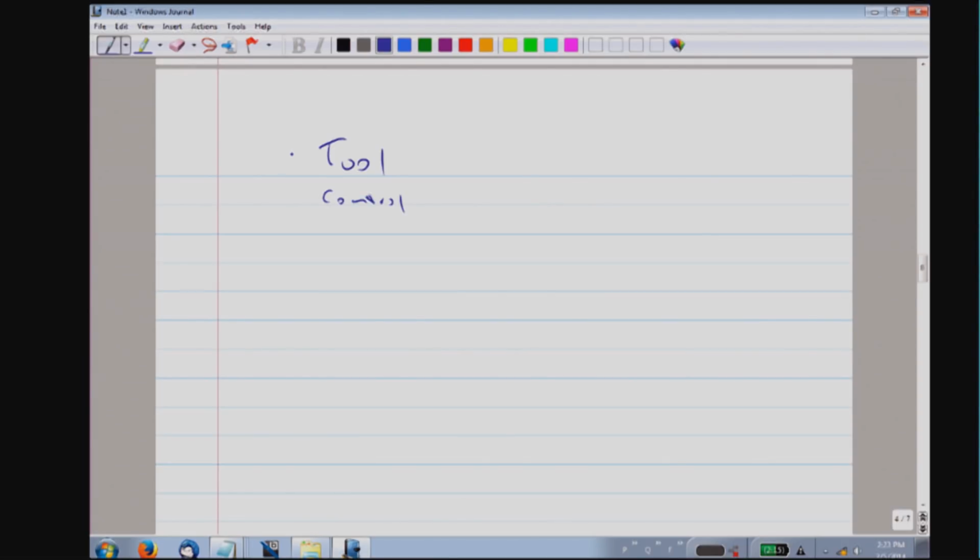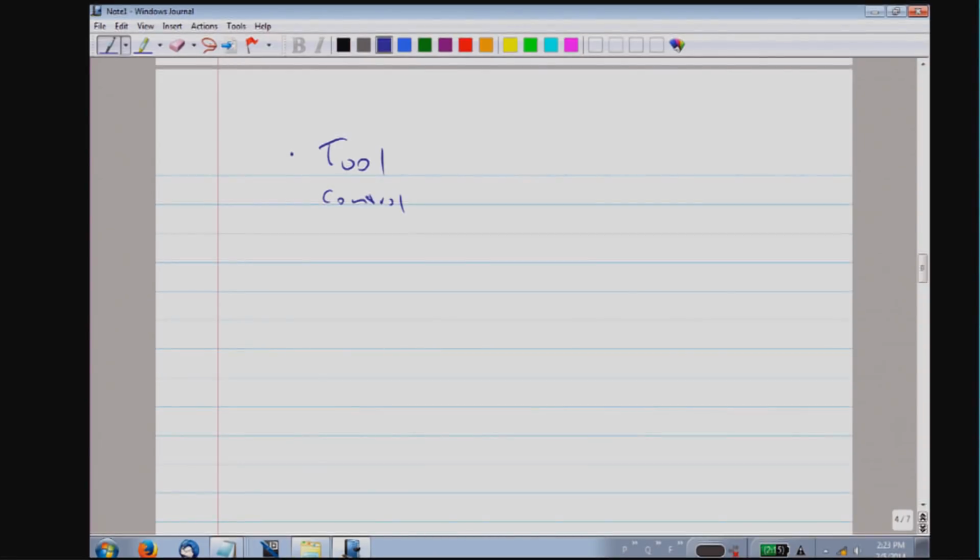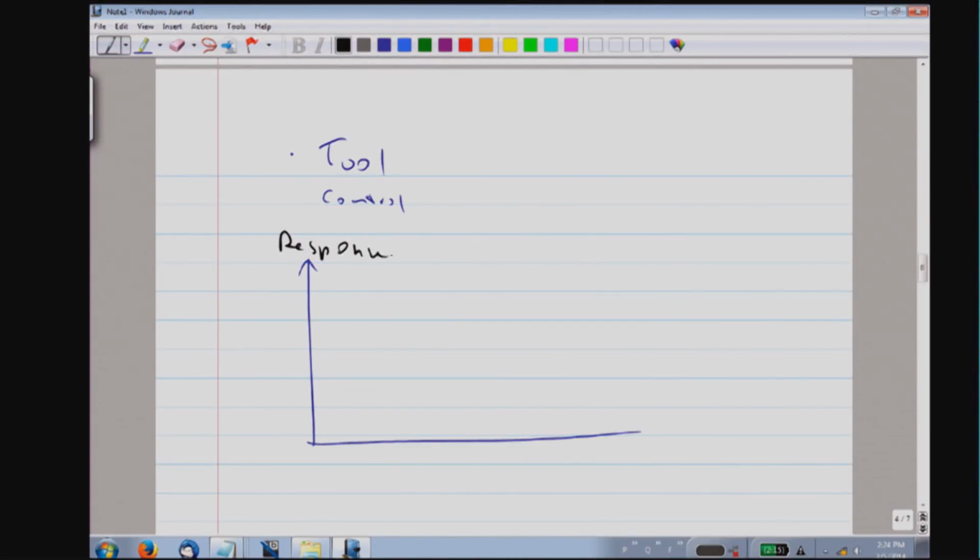Okay, so we now want to go back to the resonance. When we look at a typical resonance, we have a resonance frequency omega naught, and we measure line widths delta omega.